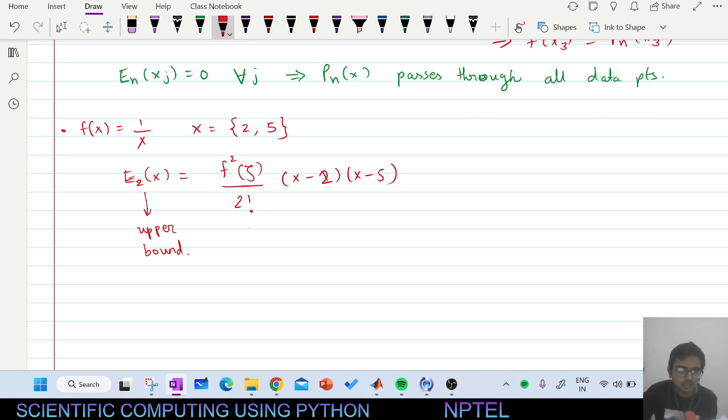So f'' of zeta: the first derivative is minus 1 over x square, and the second derivative evaluated at zeta is 2 divided by zeta cube. Now we want to know the maximum value of this.